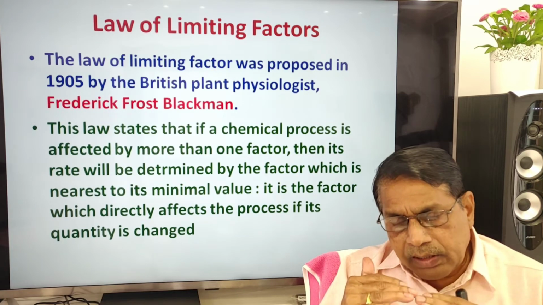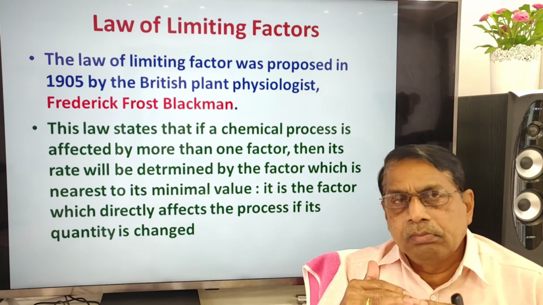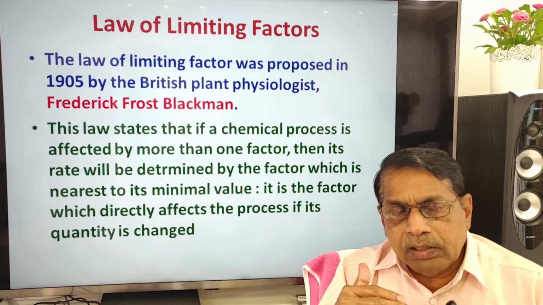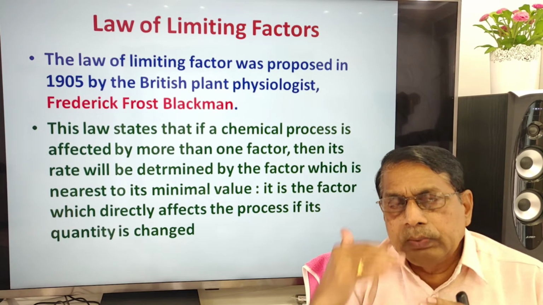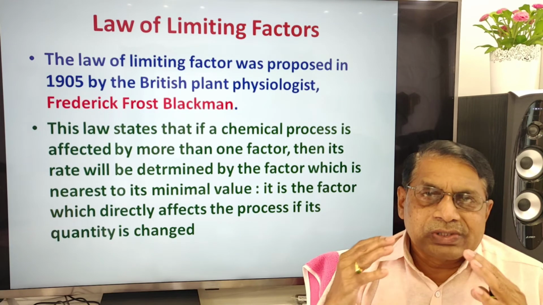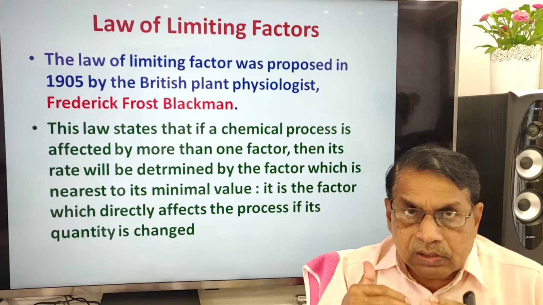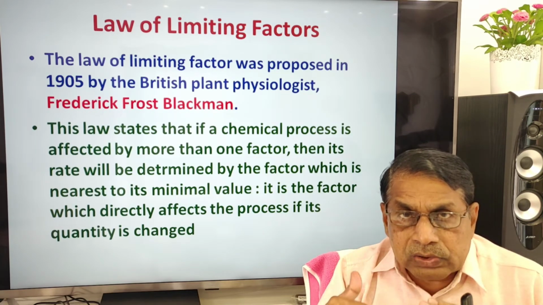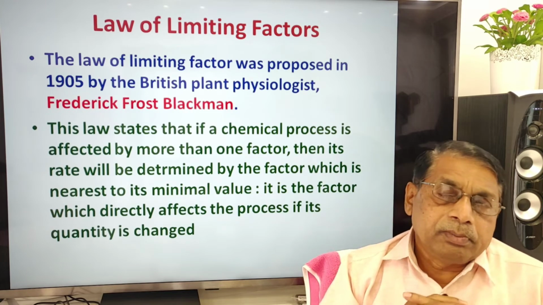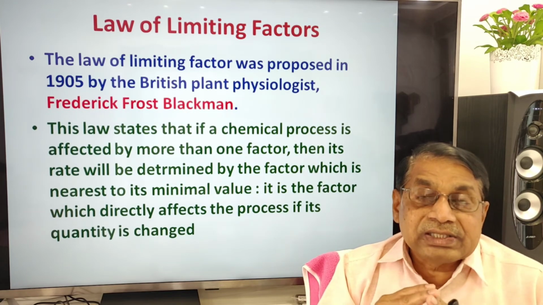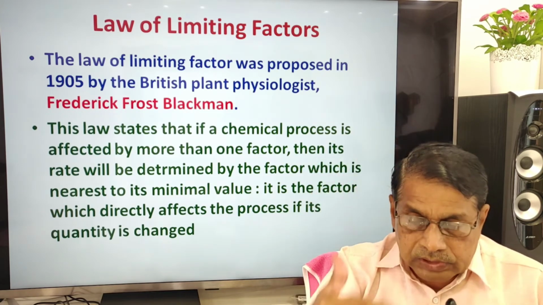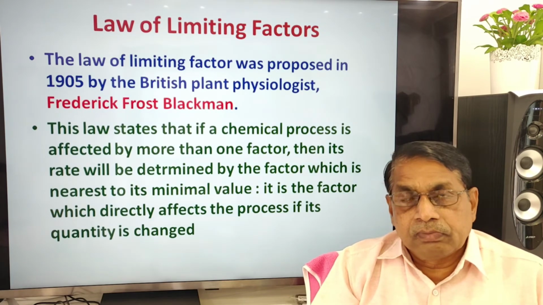Suppose 3 factors are optimum, 1 factor is very low. Suppose carbon dioxide concentration is very low or light is low, and the remaining 3 are optimum. Under such conditions, the rate of photosynthesis decreases.